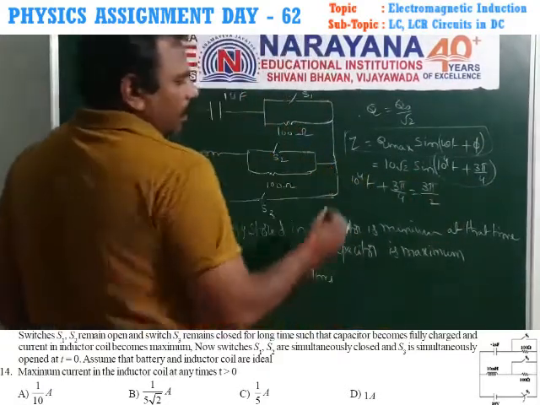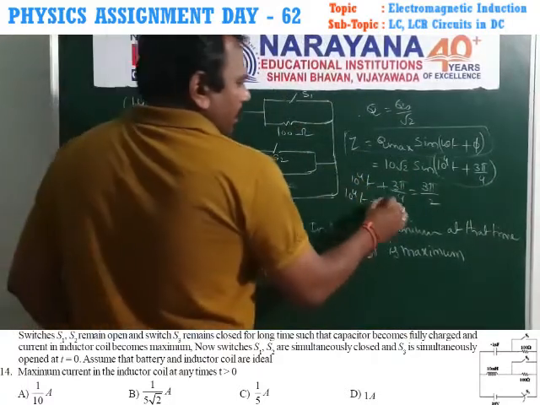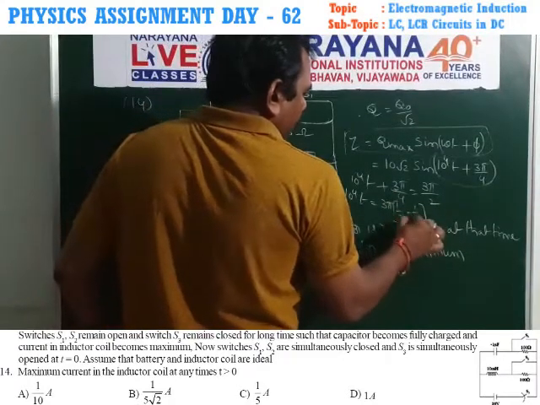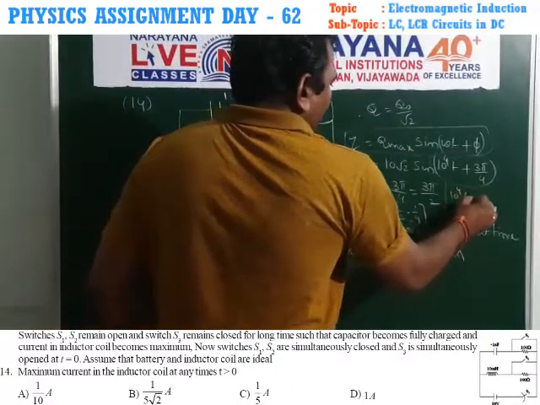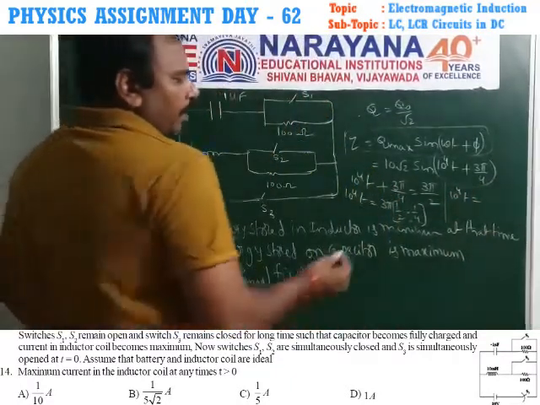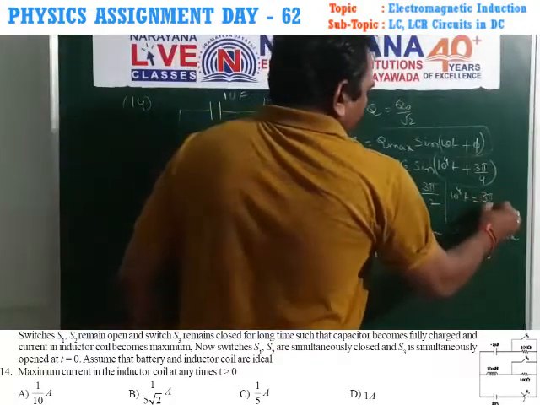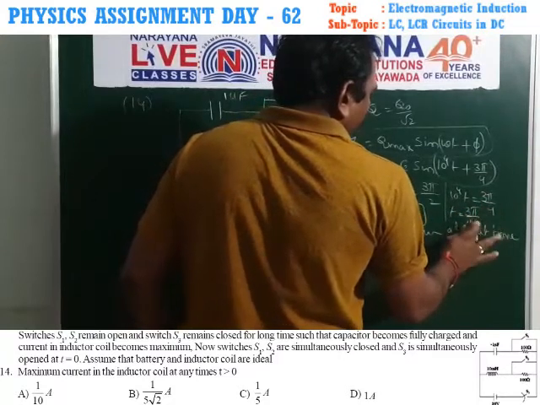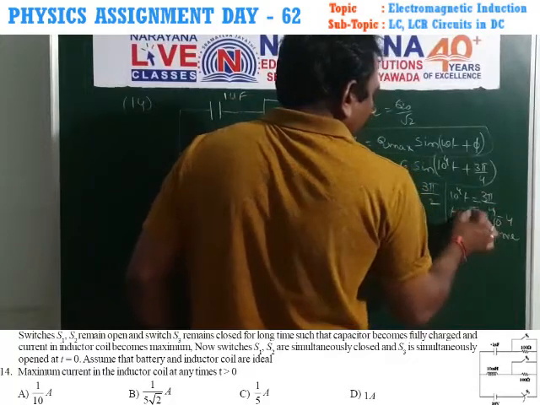So 10 power 4 into t is equal to 3 pi common, 1 by 2 minus 1 by 4. So we get 1 by 4 only. 10 power 4 into t is equal to 3 pi by 4. Therefore time taken equal to 3 pi by 4 into 10 power minus 4 seconds.